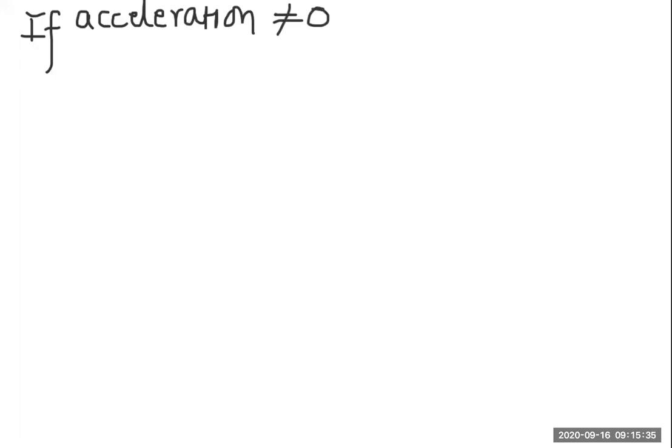So if we know that equilibrium is not being maintained, then there are three options, three distinct cases.